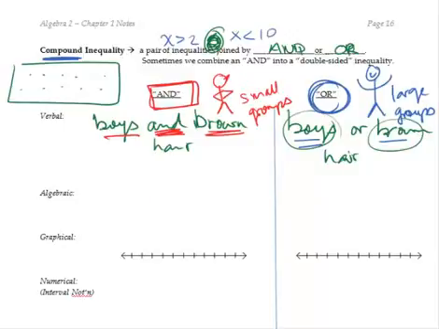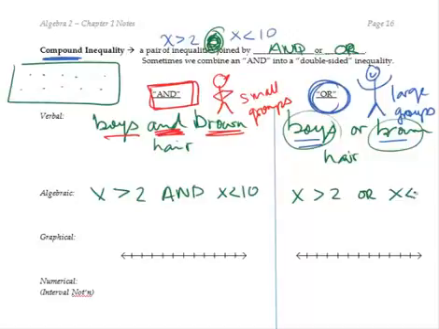So, for example, you might see something like x greater than 2 and x less than 10. Or you might see x greater than 2 or x less than 10. When we graph them, they look very different. Let's do a little thought bubble over here.